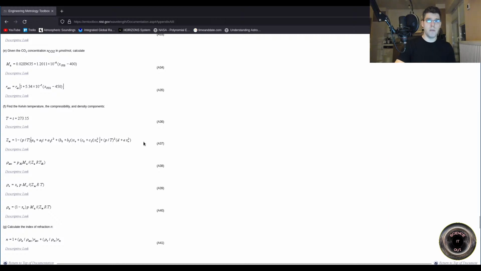There is some theory behind it, so the general form of the equation comes from theory, but then the coefficients in this equation are just best fits to empirical data.